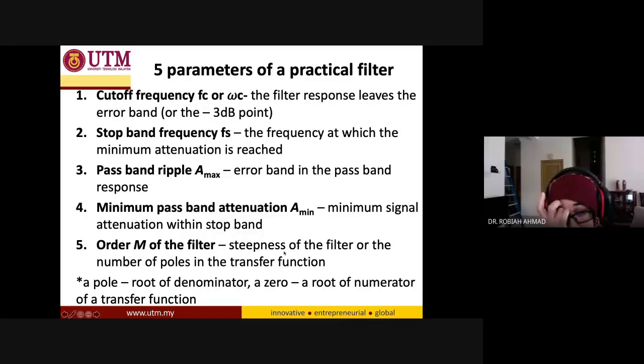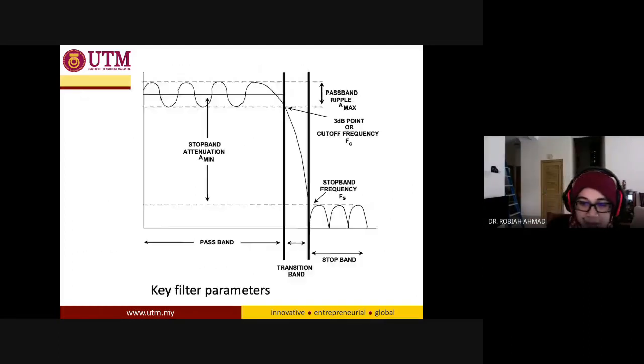Okay, stop band frequency Fs, the frequency at which the minimum attenuation is reached, because sometimes we cannot get direct 0 here. It has some attenuation, but there is a very small error that we can still accept.